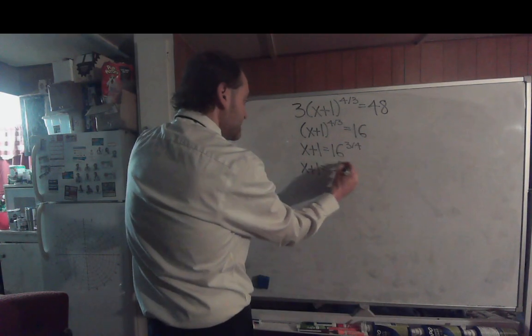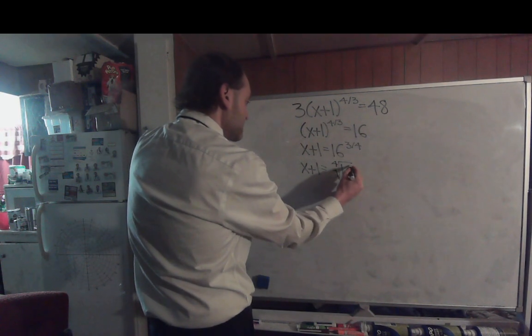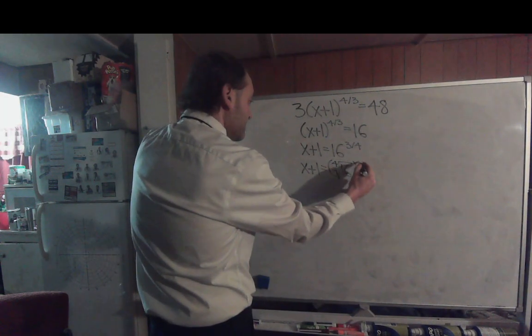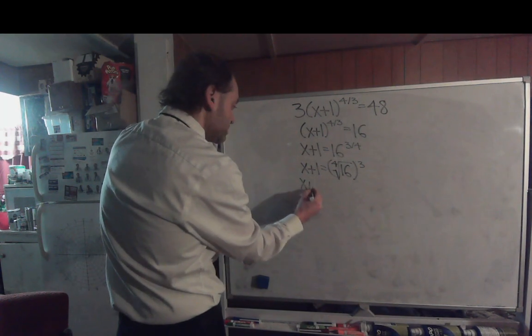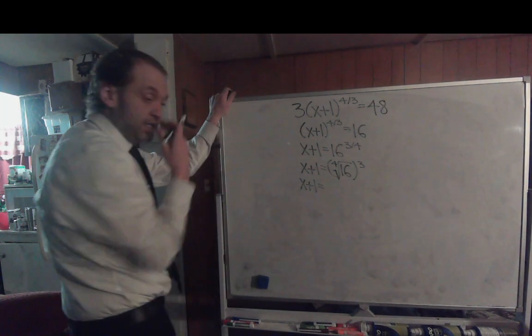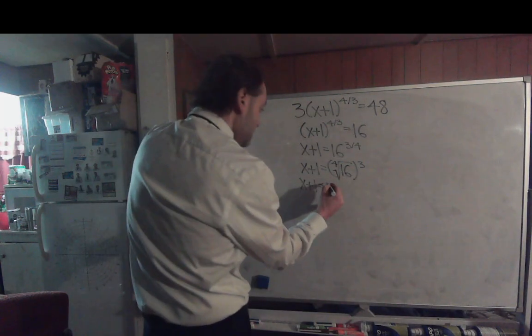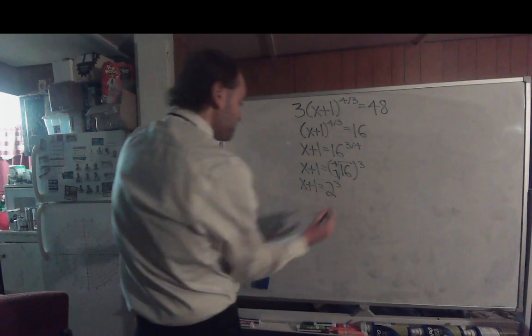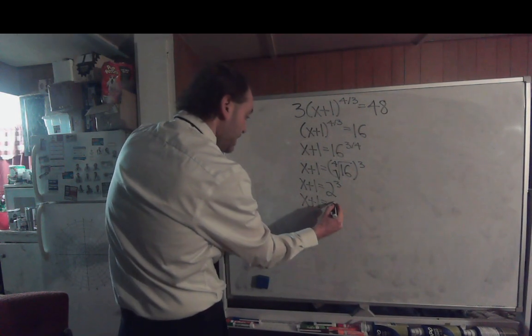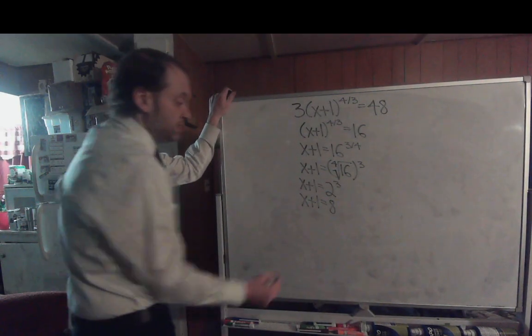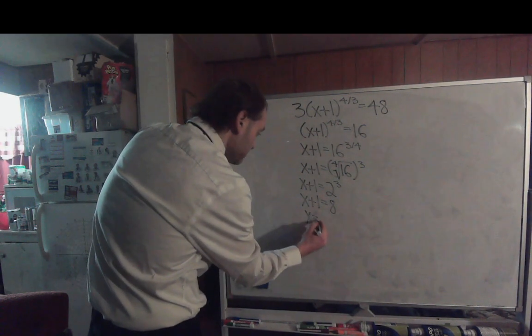That's the exact same as the 4th root of 16 raised to the 3rd power. What is the 4th root of 16? So that's 2 to the 3rd, which means x plus 1 would equal 8. So x would have to equal 7.